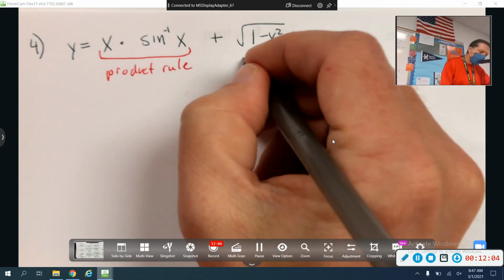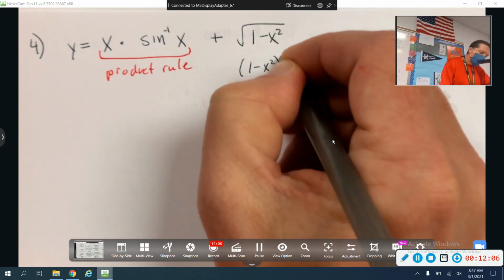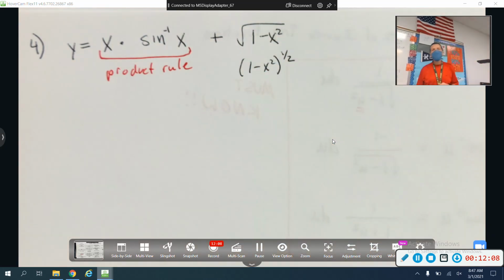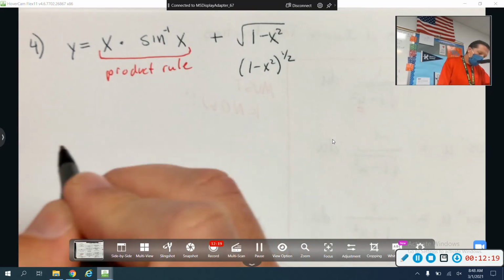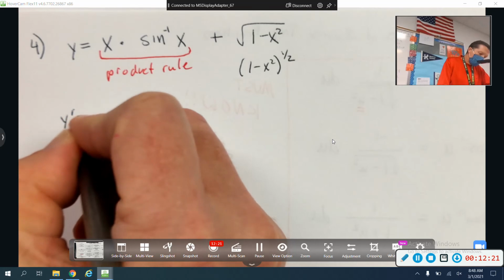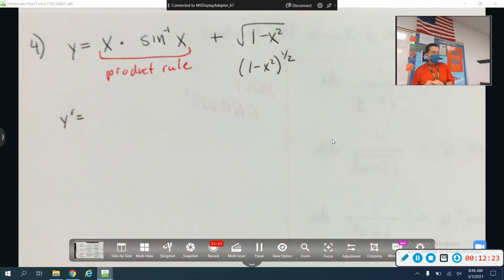And in fact, this part, I'm going to rewrite as a power of 1/2, because I don't really take derivatives of square roots, I take the derivatives of powers. Okay, so product rule. That's one of them times the derivative of the other one, plus vice versa.